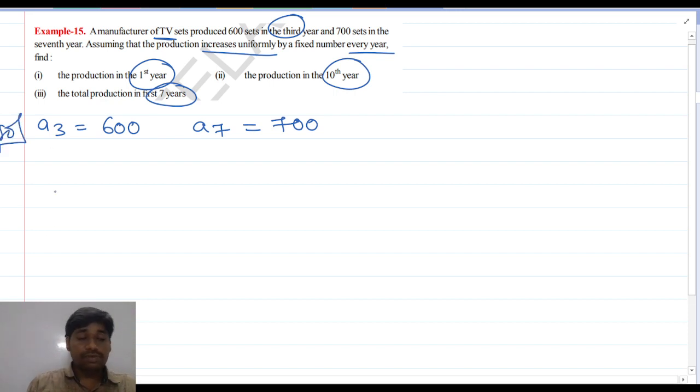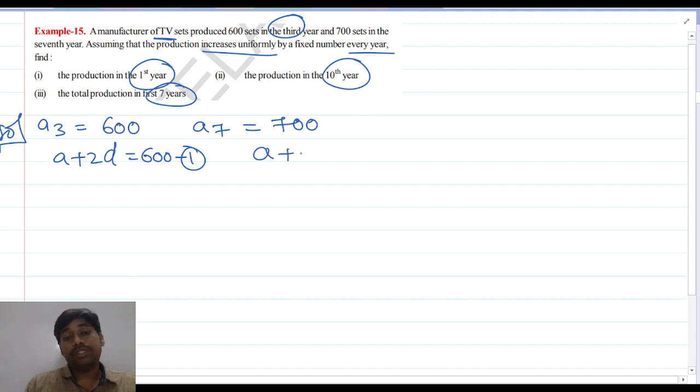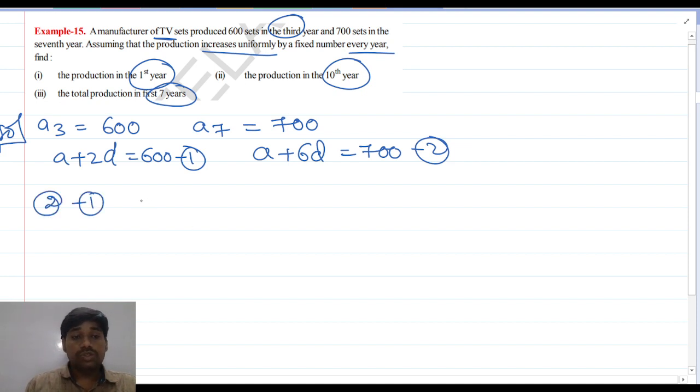For that, we will go with this solution: a plus 2d is equal to 600. Let us take this as equation 1. a plus 6d is equal to 700. This is equation 2. What we will do is equation 2 minus equation 1. So a plus 6d is equal to 700 and a plus 2d is equal to 600.